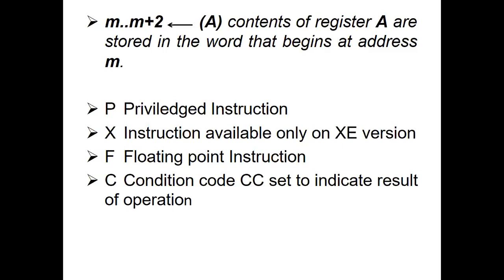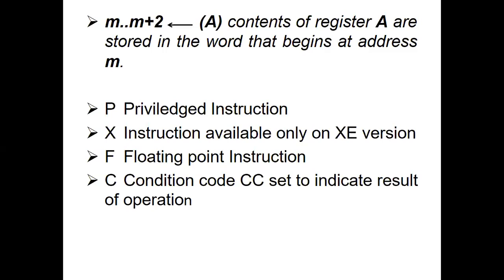Where you find a P, that would mean a privileged instruction. Mostly these are instructions used by the system, or in special cases. X would mean that that particular instruction applies only to the XE version. The simple version does not have such an instruction.